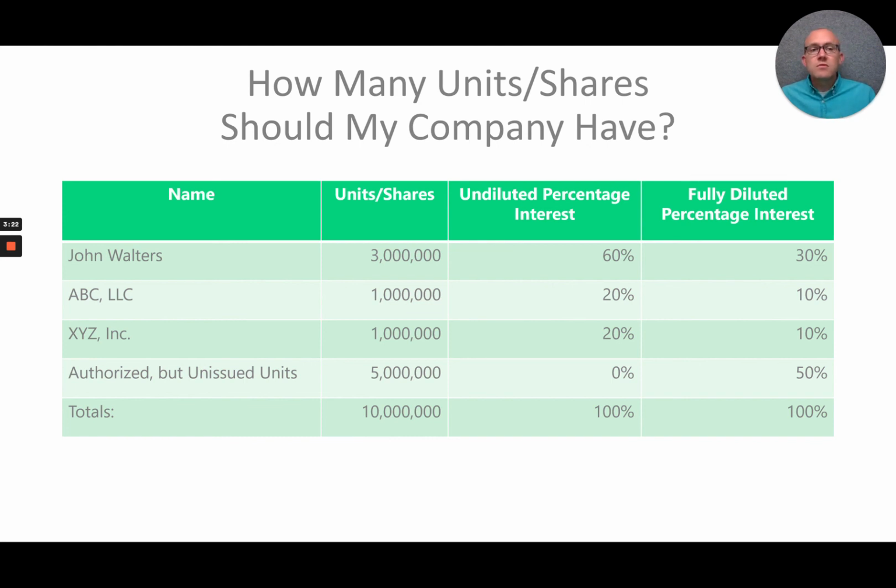If that's not going to be the case and there are less than 5 owners, then my rule of thumb is starting at 10,000 and then increasing up depending on the disparity in ownership percentages. But yeah, that's how I go about thinking of how many units or shares a company should have. And I hope this has been helpful.